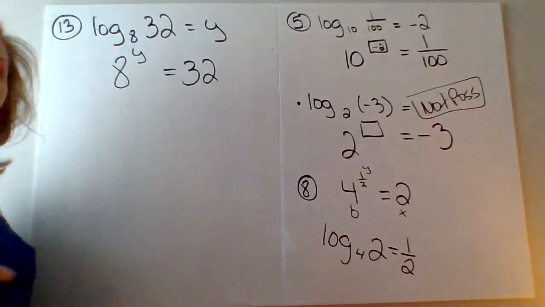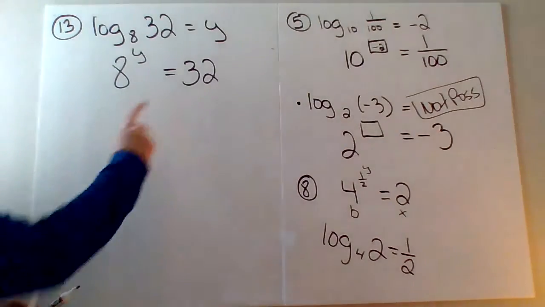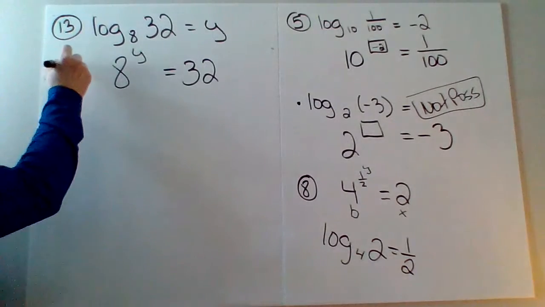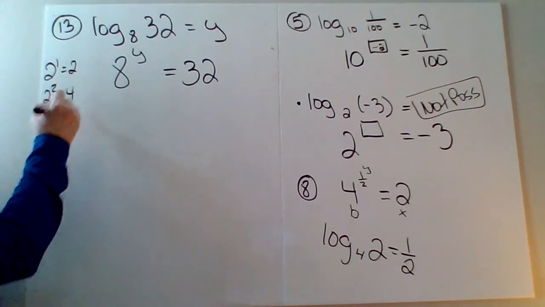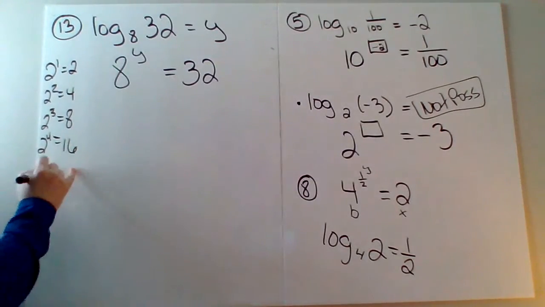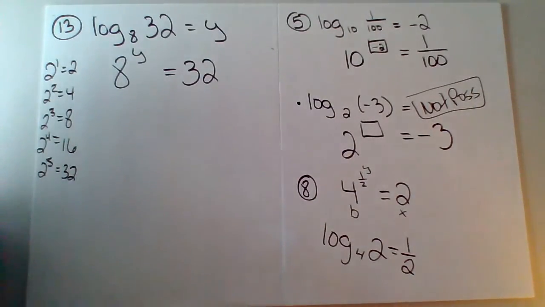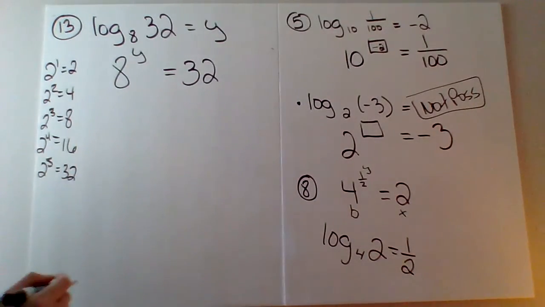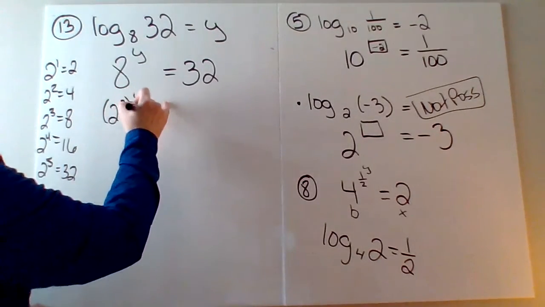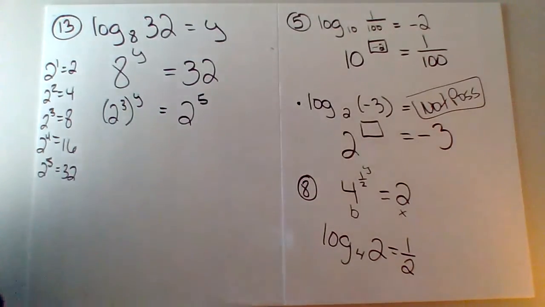Now we're going to use skills from the last section. If your bases are equal, then your exponents are equal. So I need to write 8 and 32 using the same base. 2 to the first is 2, 2 to the second is 4, 2 to the third is 8, 2 to the fourth is 16, and 2 to the fifth is 32. So 2 is going to be the base that I use in this problem. 8 is going to be replaced by 2 to the third, and 32 is going to be replaced by 2 to the fifth.